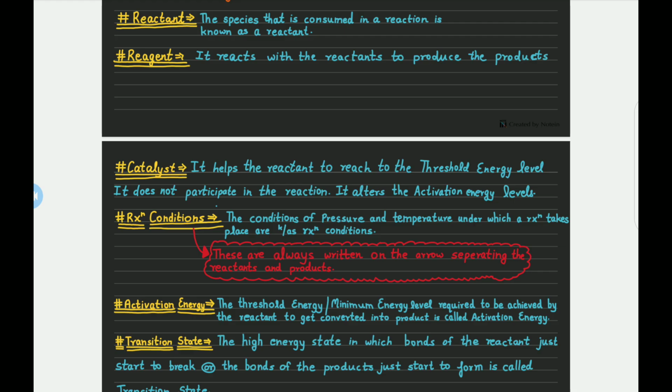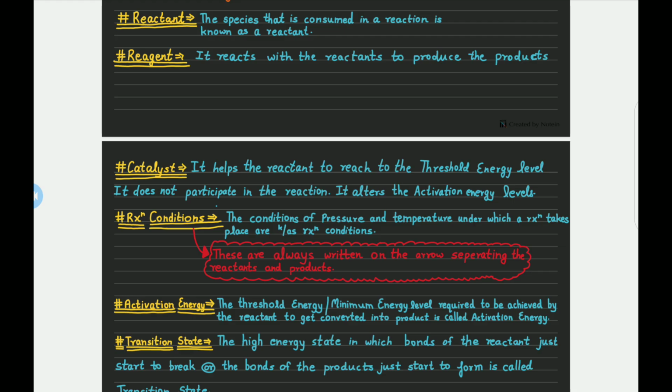So the catalyst just alters the energy level and helps the reactant to reach that energy level. It does not participate in the reaction, it remains the same throughout the reaction. Means if we use AlCl3 as a catalyst, AlCl3 will remain as AlCl3 only in the entire reaction.